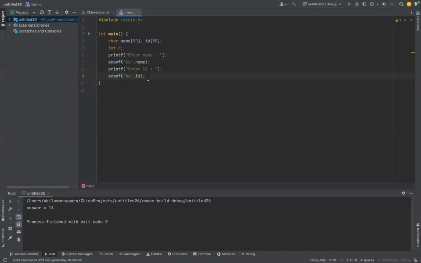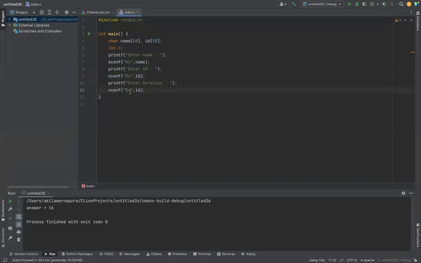And next, I need to get the duration. Therefore, again, printf, enter duration. Then you can use the scanf function again to get the duration.